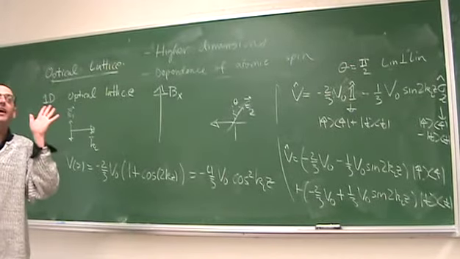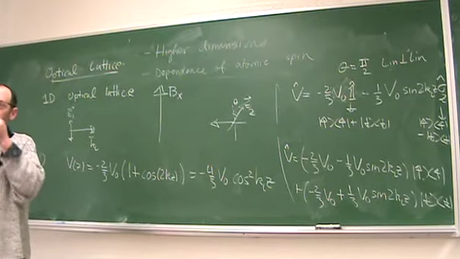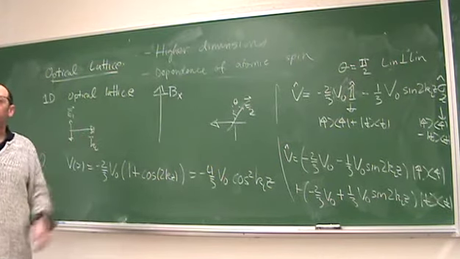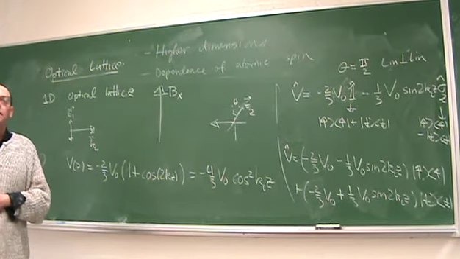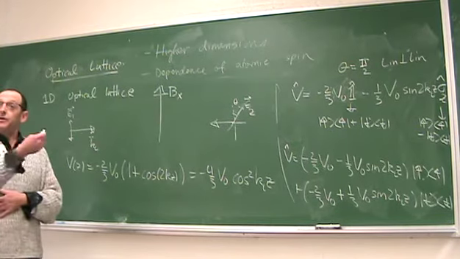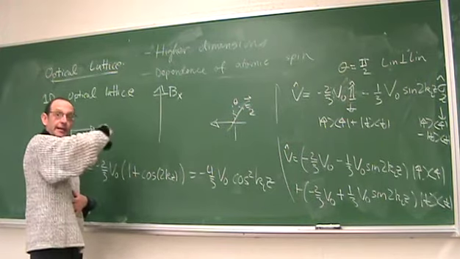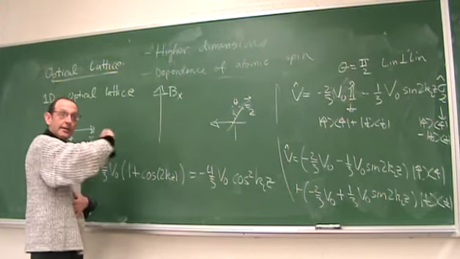Well, what would happen if I didn't have the optical lattice and I put the spin in a magnetic field along the x direction? It would precess, right? And it would go from spin up along z to spin down along z to spin up along z to spin down along z.